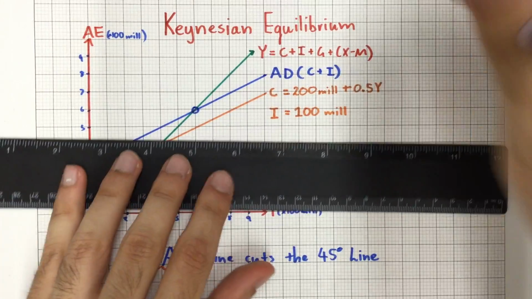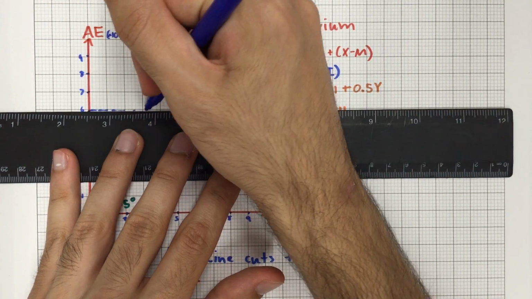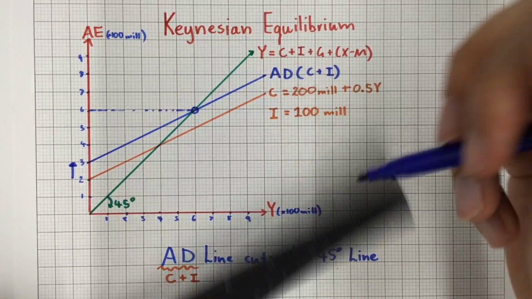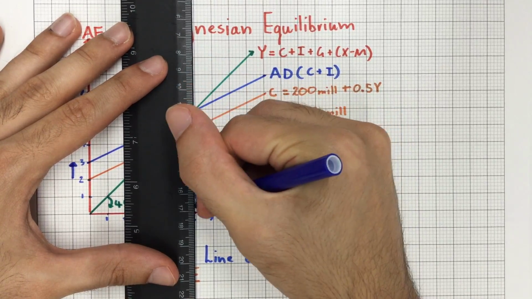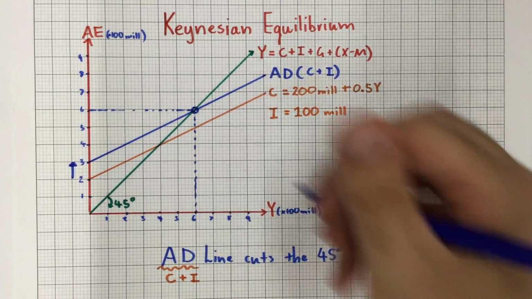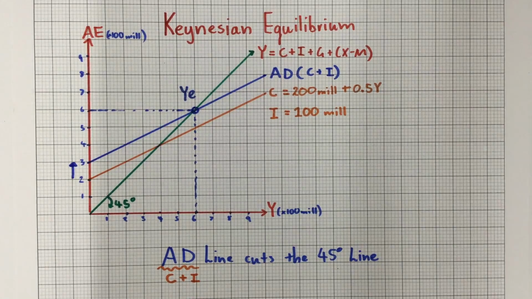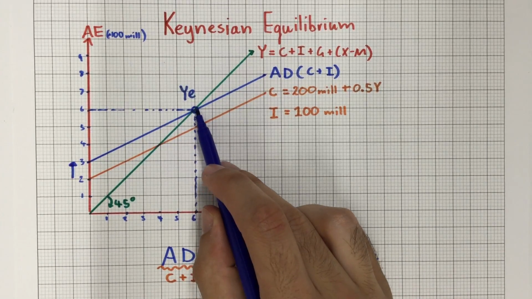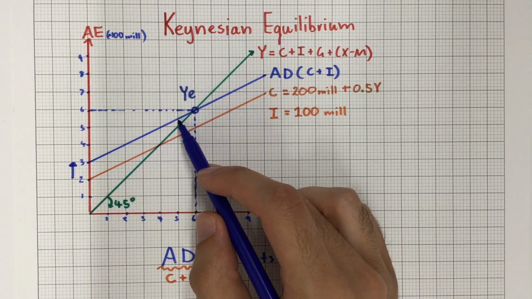It looks like it's occurring at aggregate expenditure of 600 and therefore aggregate income or total income of 600. And we can label that point YE. There's our Keynesian equilibrium.